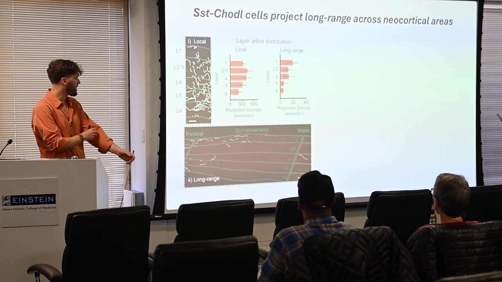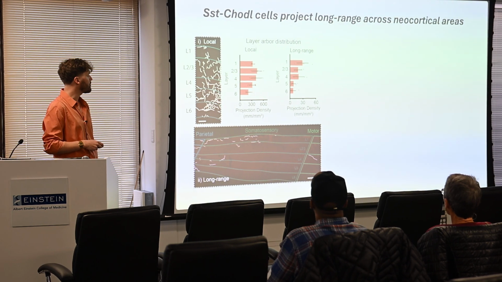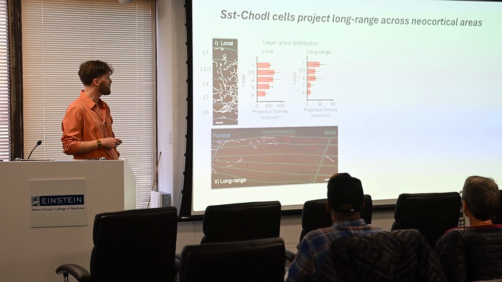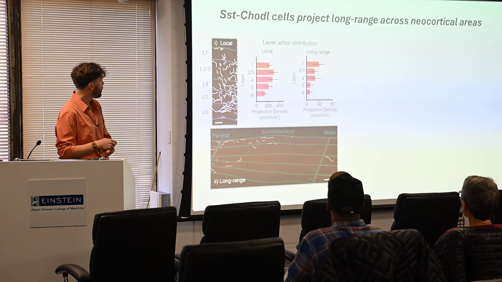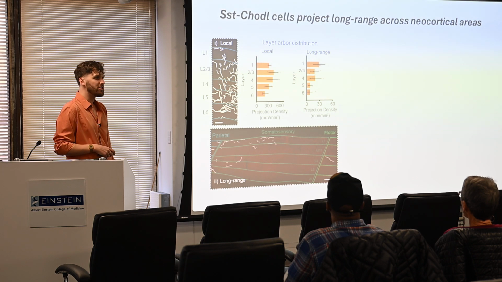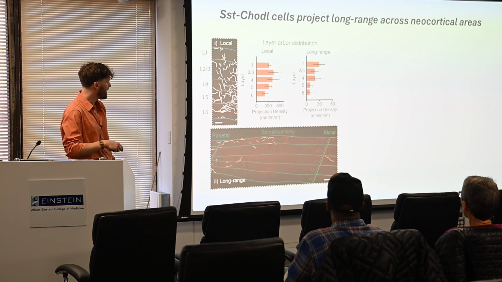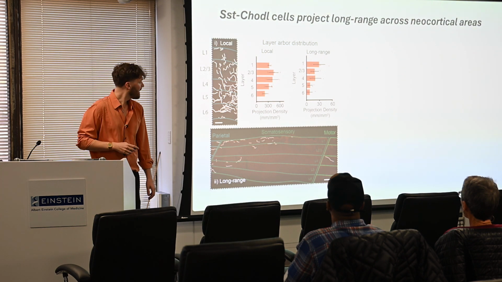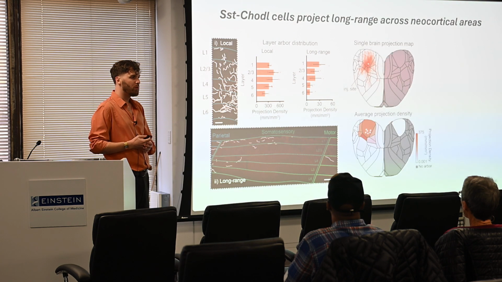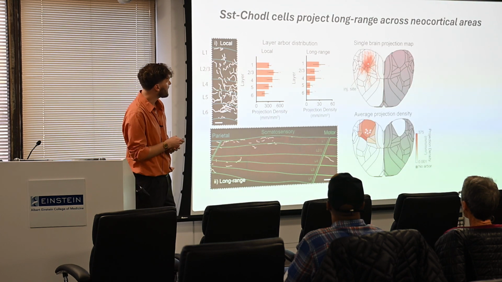We quantify these projections. One of the first things that we did was look at the layers that these projections were found in. The local projections around the injection site were spread pretty evenly across all layers, whereas these long-range projections that are traveling across the brain really seem to like to travel in the upper layers, particularly right along the surface of the brain.